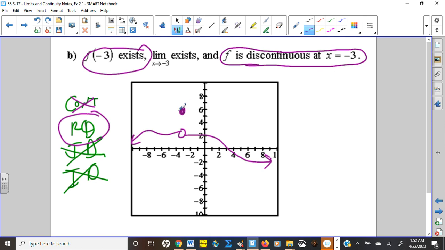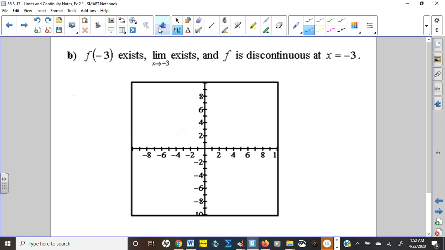Once again, you can imagine there are so many different ways you could draw this as long as those 2 things happen. You have a function that has a hole at -3, and it has a point somewhere else at -3, and that's it. So we'll have some problems like that as part of this assignment too.